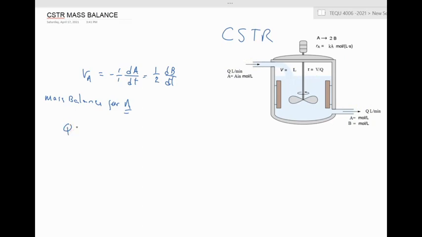Another important aspect is the density of this flow and the density of the flow coming out of the reactor. Sometimes they are named rho 1 and rho 2. Those densities are mostly the same, meaning that for the general mass balance, since the volume is constant, the change in the overall mass balance will be 0.